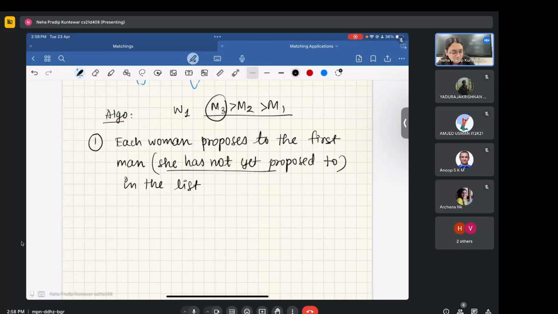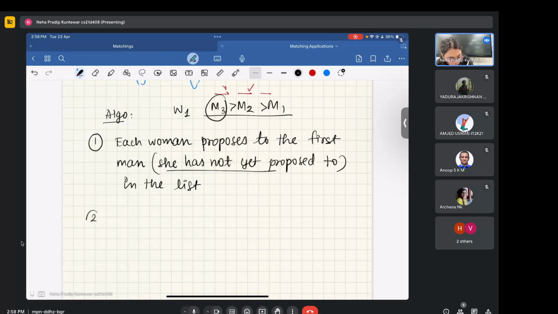I'll explain this later. Basically, she's going to keep on proposing in order. So if M3 rejects for some reason, then next time she'll propose to M2 and so on. So it's never going to happen that the same person gets the proposal again. That's what we mean by it.